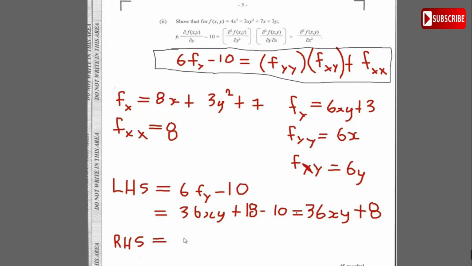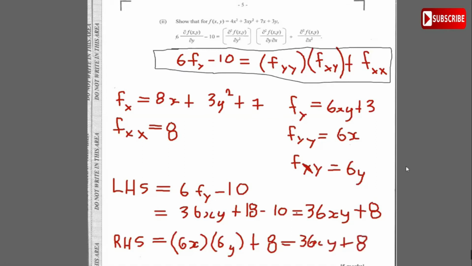Fyy is 6x, multiplied by fxy, which is 6y, plus fxx, which is 8. Now 6x times 6y is 36xy, plus 8. So I get 36xy plus 8.